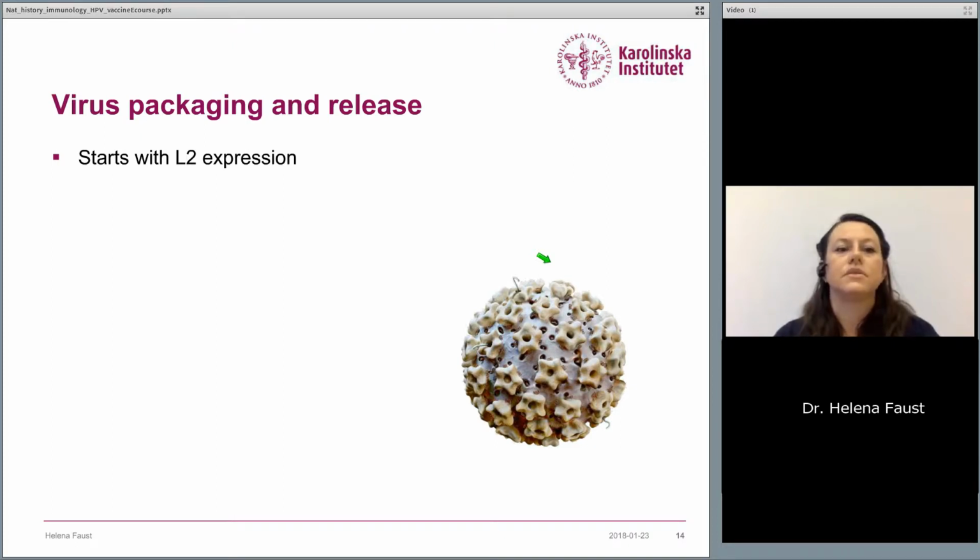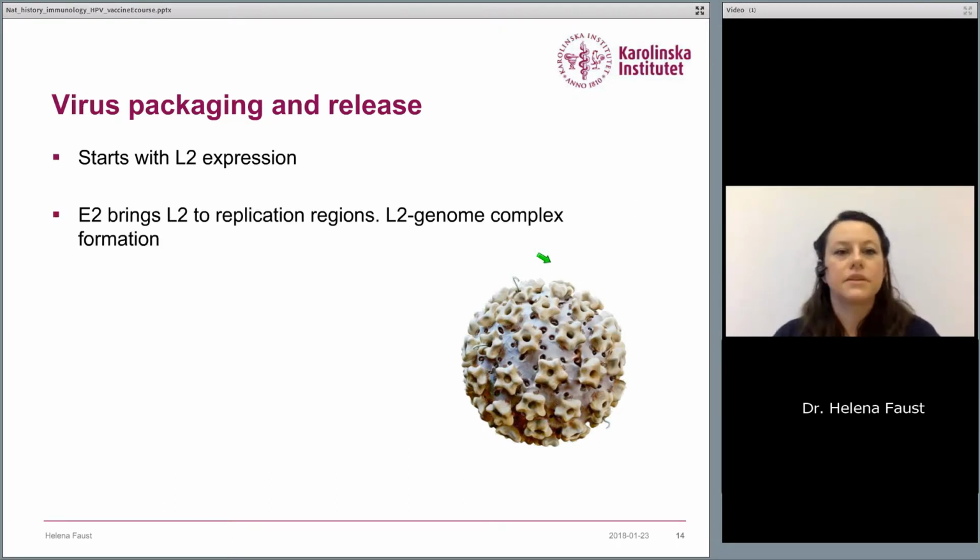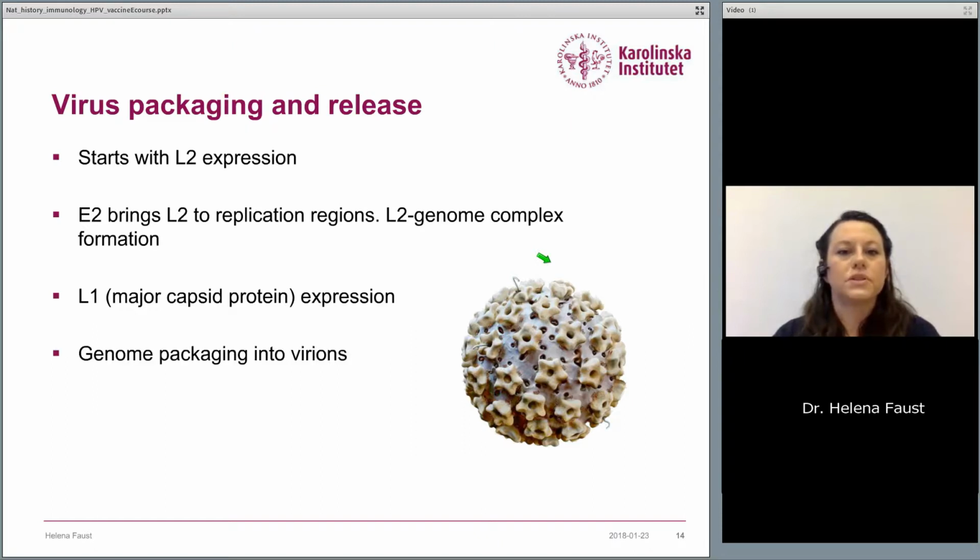The final stage is that virus genomes have to be packed and released. It starts with L2 expression. E2 brings L2 to replication regions, and the L2-genome complex forms. These L2 and genome complexes will be packed into the L1 capsids.